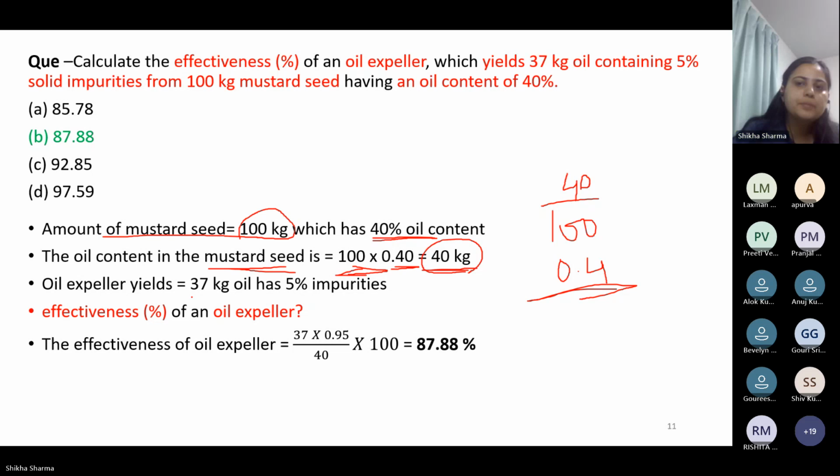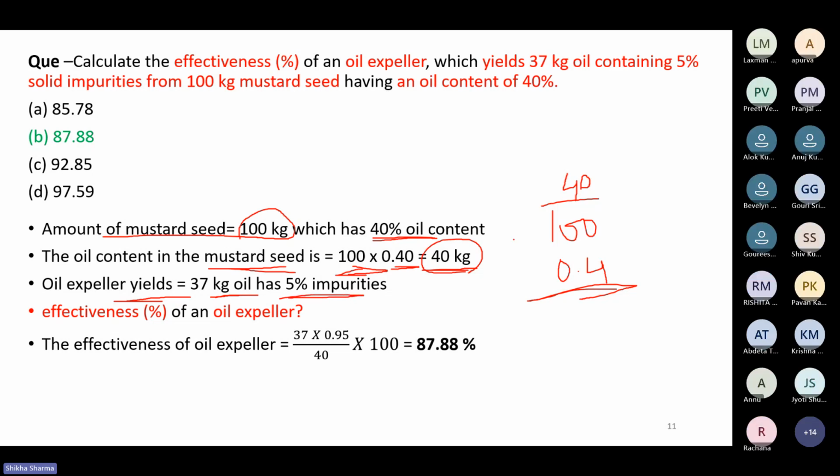Then, as per the question, the oil expeller yields 37 kg of oil and has 5% impurity. So we have input, which is 40 kg oil, and the output is 37 kg oil, which has 5% impurity.